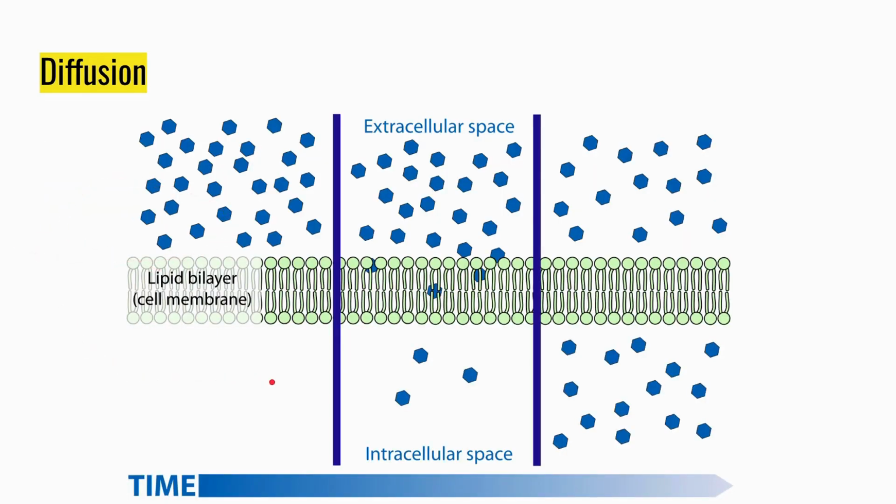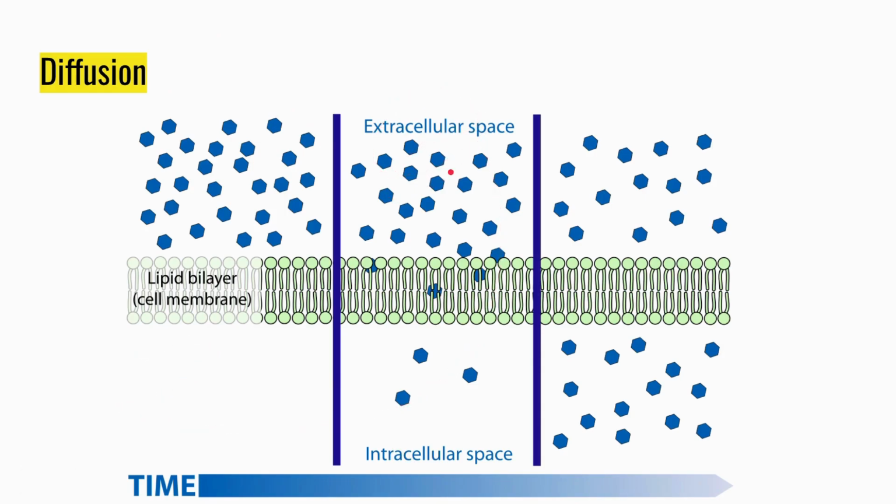Here we see diffusion in a little more detail. So here's the lipid bilayer, or the cell membrane, and extracellular means outside, intracellular means inside. So we see that there's a concentration gradient. This side has many more of these molecules on the outside than on the inside.